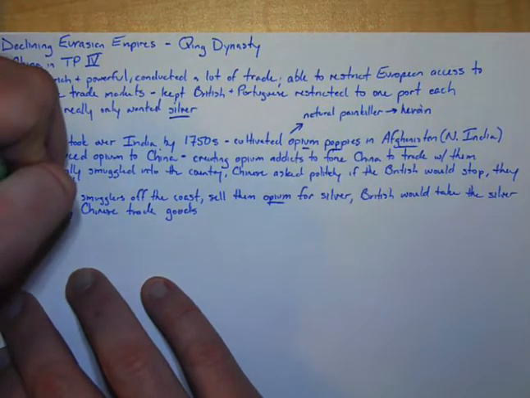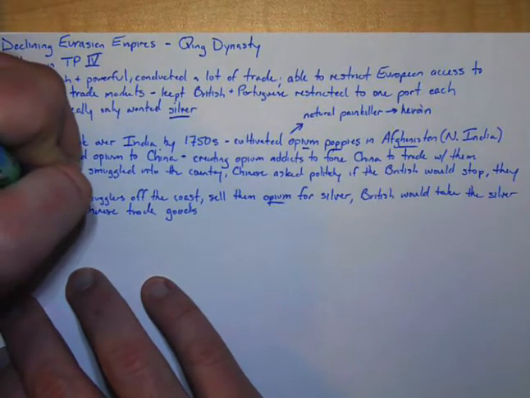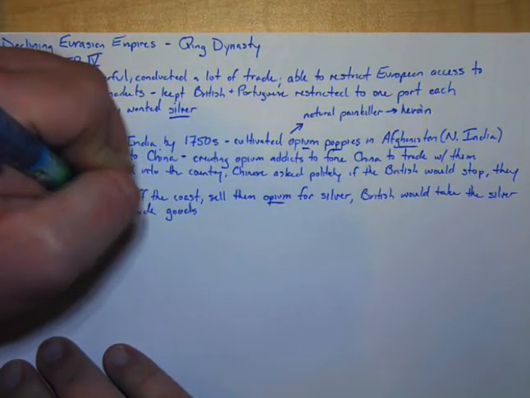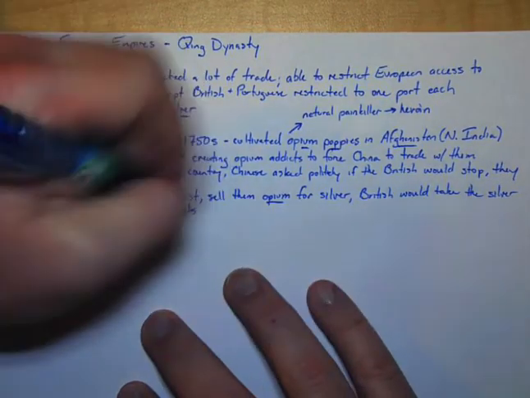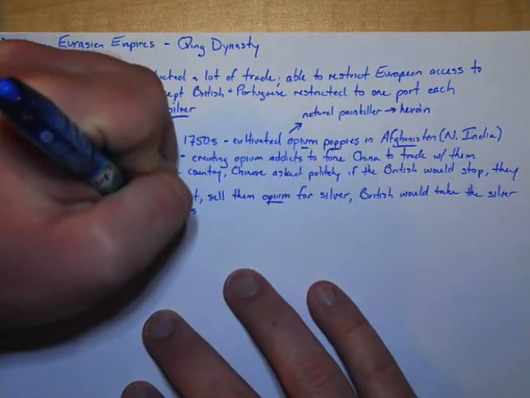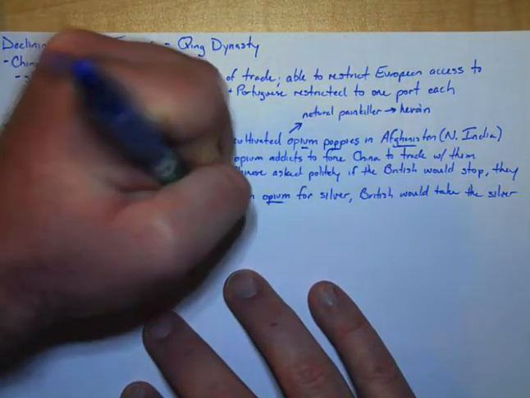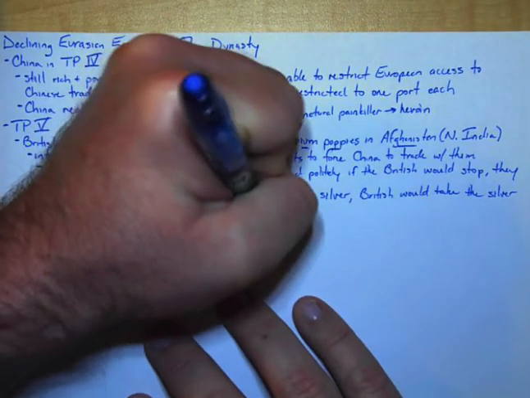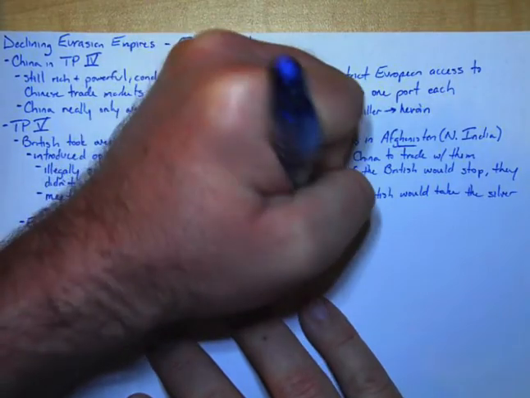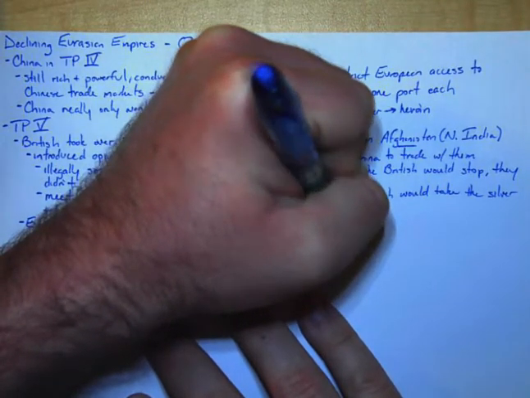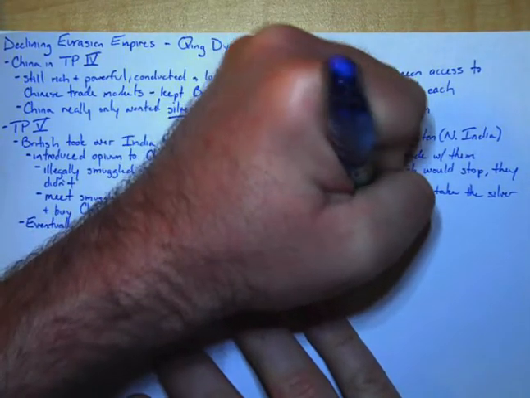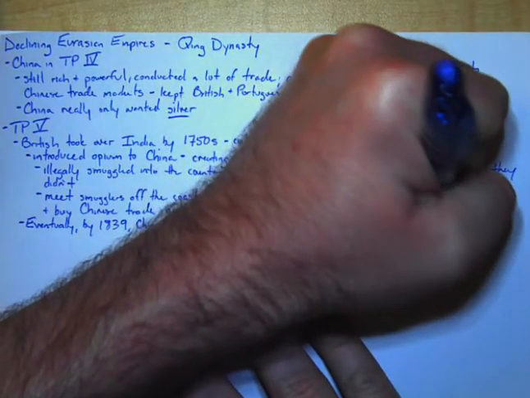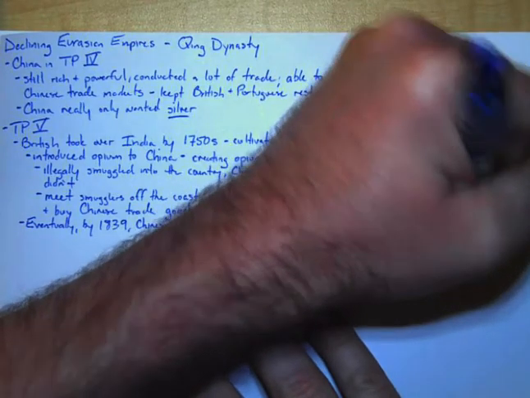So eventually, by 1839, the Chinese had enough, and they throw a confiscated shipment of opium into the ocean.